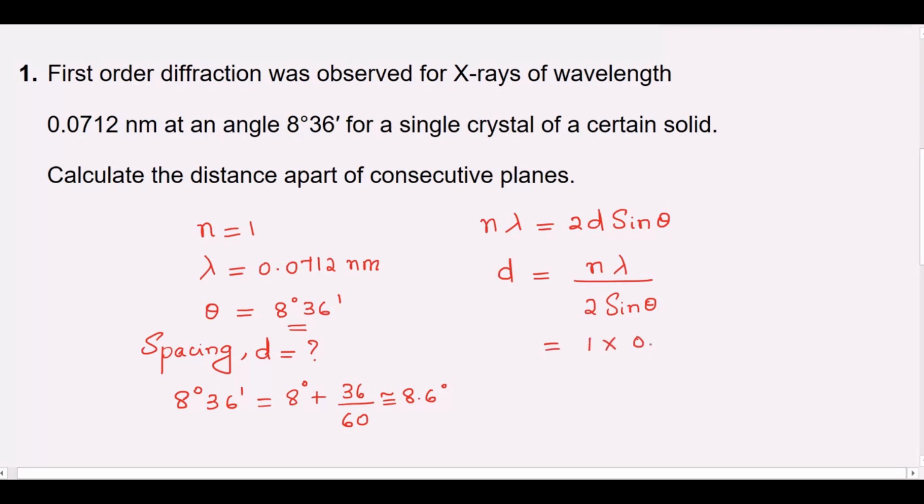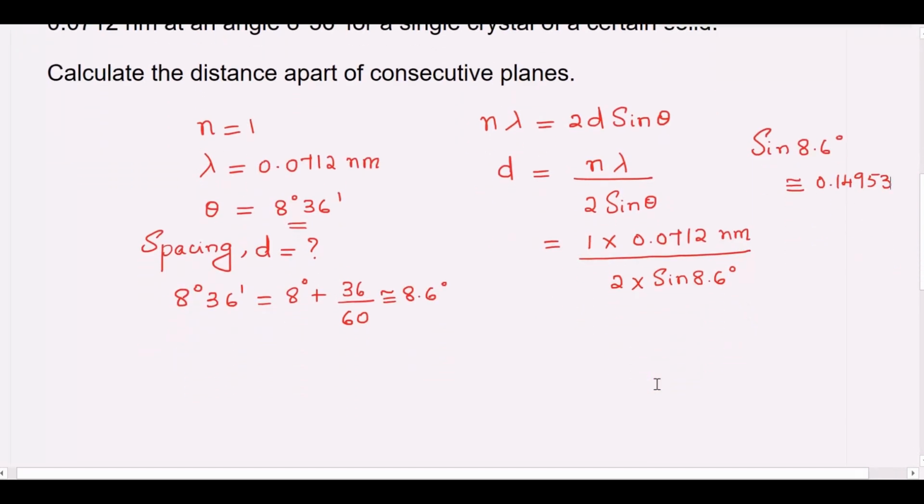So d will be equal to, with n equal to 1, 1 into 0.0712 nanometers divided by 2 into sine 8.6 degree. Sine 8.6 degree is approximately equal to 0.14953. Let's substitute the value.